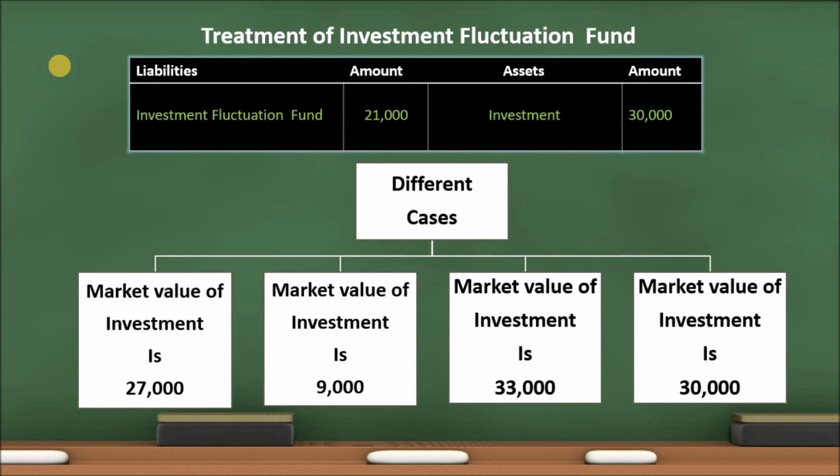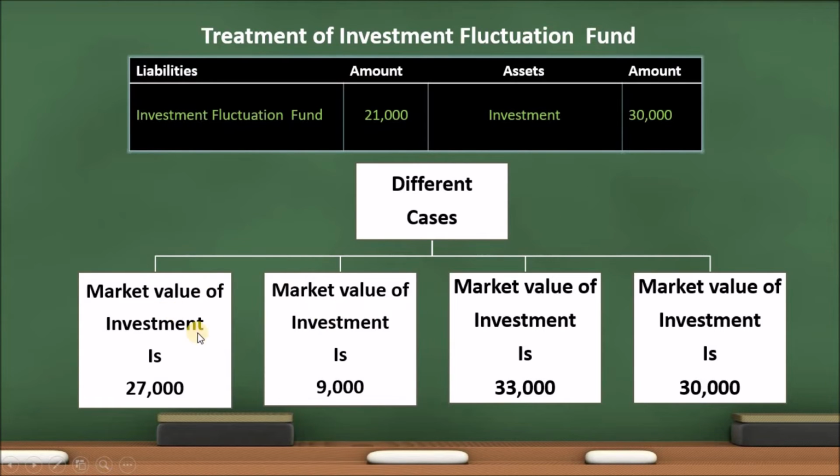Now you must be thinking, what is the difference between this case and this case, because in both cases the market value of investment is less than the book value. You can see here the book value is 30 but the market value is less, 27,000, and here also the market value is less, 9,000, whereas the book value is 30,000.